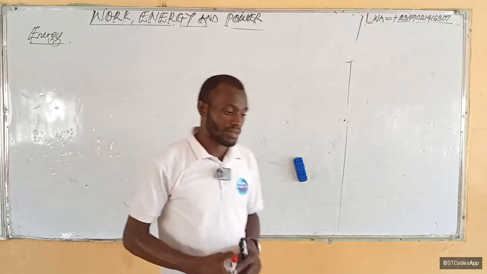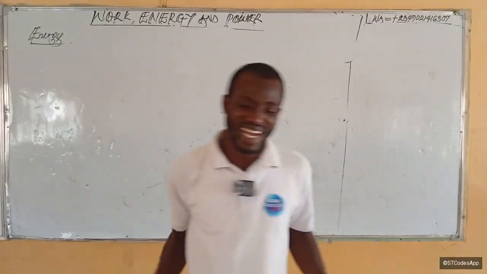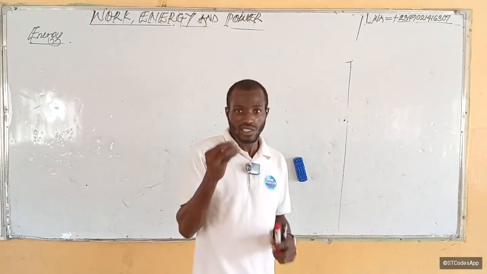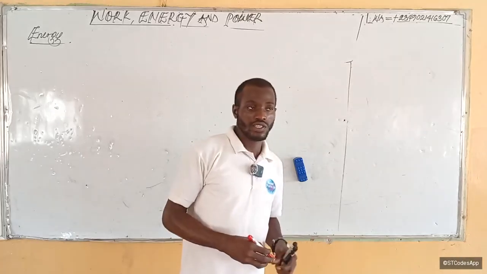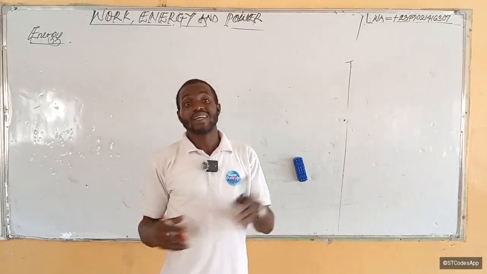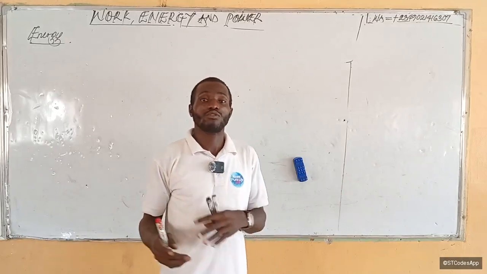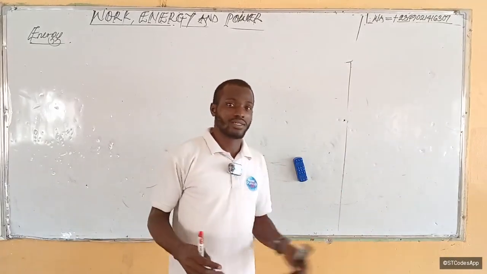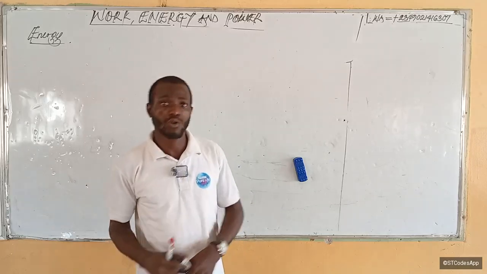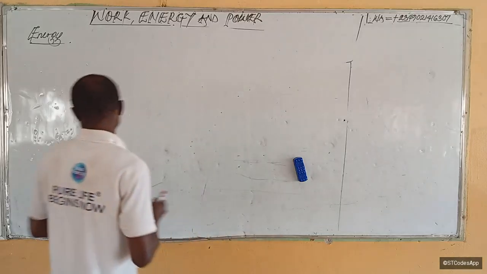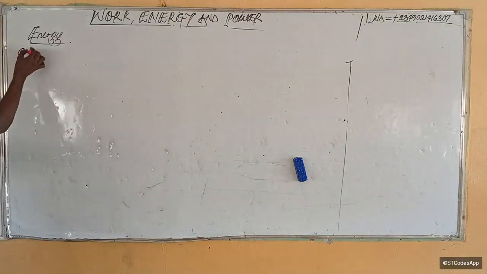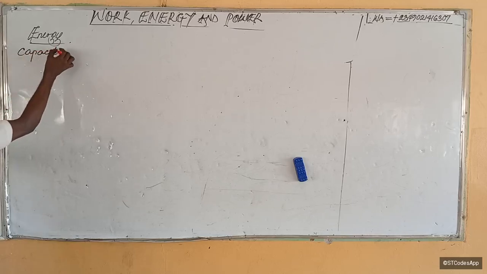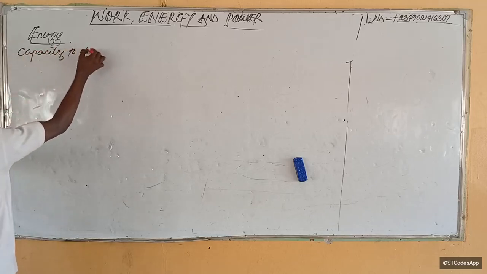You ask any scientist now, they can't exactly tell you what specifically energy is. But the simplified definition of energy is just the capacity to do work, or basically what you use to overcome work. So energy is the capacity to do work.